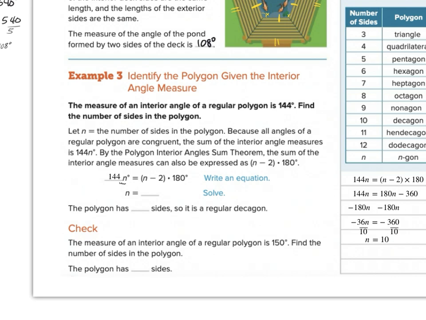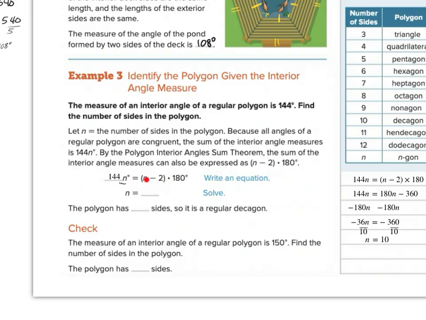It says the measure of the interior angle of a regular polygon is 144 degrees. Find the number of sides of that polygon. So we know that 144 degrees times the number of angle measurements is equal to n minus 2 times 180 degrees, right? That's my formula.